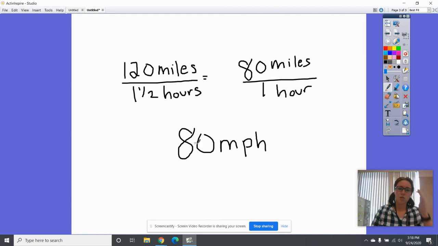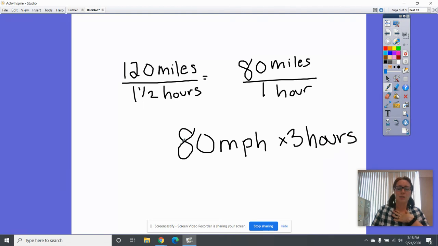Now, the reason that these are useful is, I say, hey, I'm driving 80 miles an hour. Well, I'm curious, how far will I have gone in 3 hours if I keep going at this speed? If I want to know how far I'm going to go in 3 hours, all I have to do is take this unit rate and multiply it by 3.